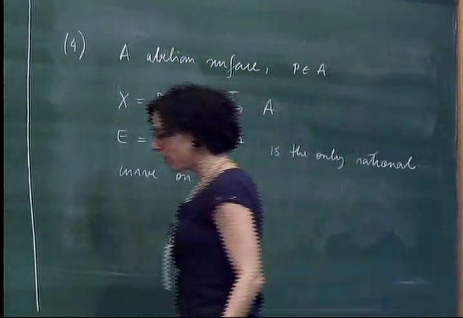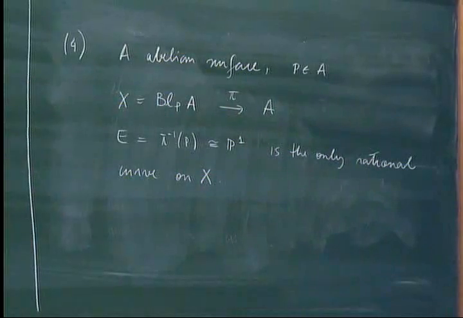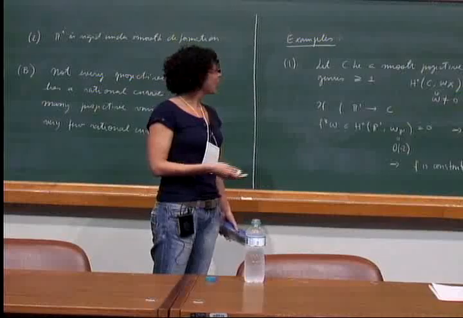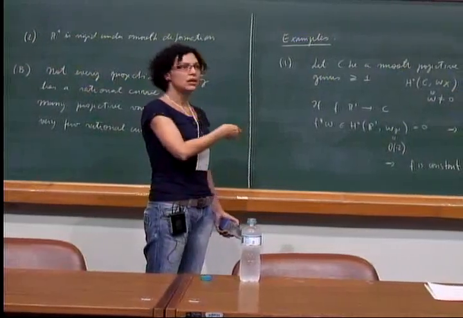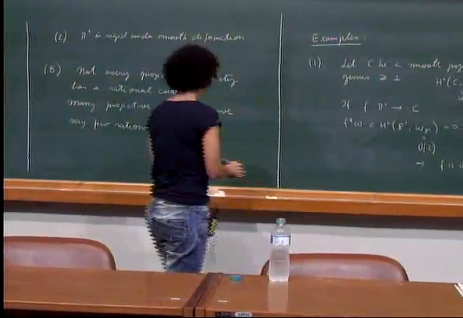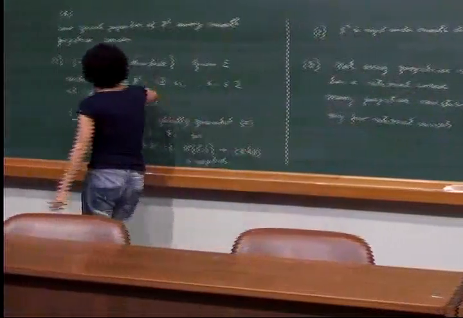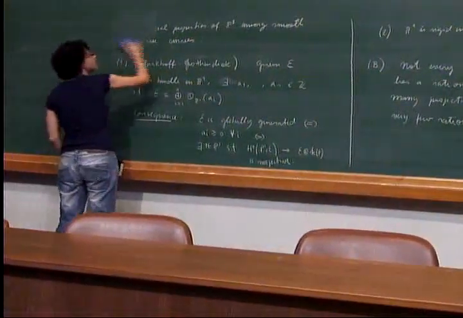So in order for the theory of rational curves to be actually useful, we would like our varieties X to be covered by rational curves, to have many rational curves. So now let me give you a definition.